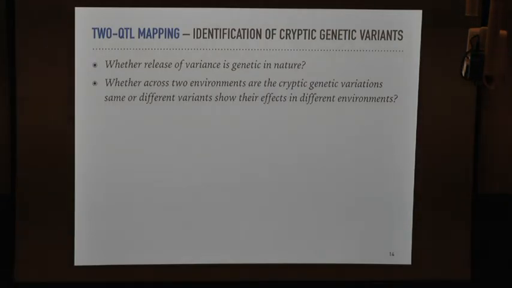So we wanted to see whether this release in variance is genetic in nature, and whether across two environments the same variance causes the effect, or whether different genetic interactions happen to bring about a change in variance.